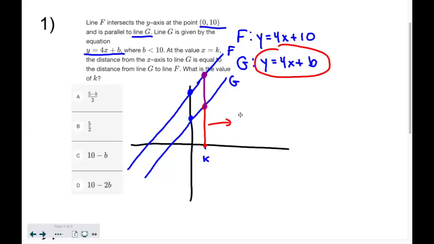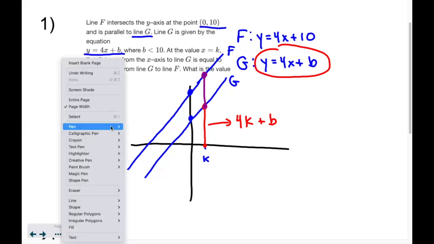So that would be 4k plus b. Because this height is like a y value, and I get the y value by plugging in the x value, and the x value is k. So this represents this distance.